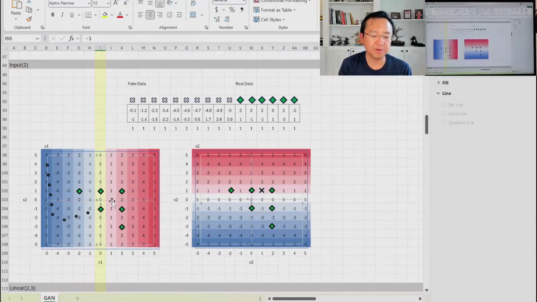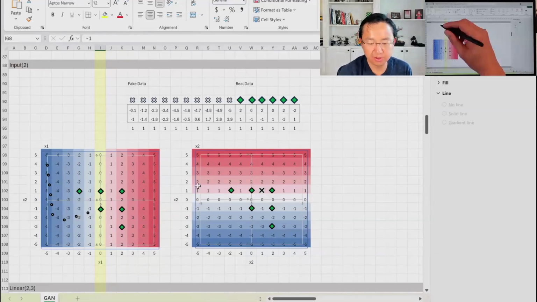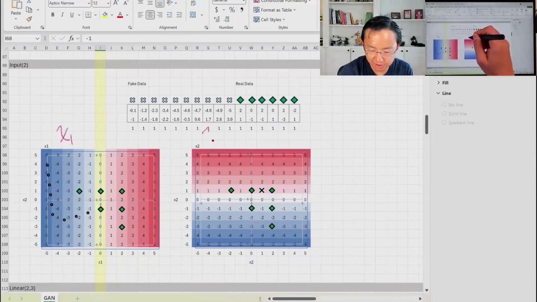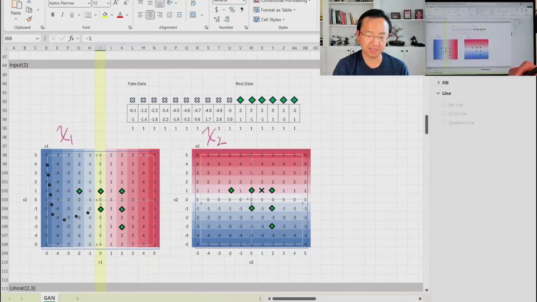But what's being moved around is every time you update the generator, the things generated by the generator can move around. And all right, so this is a visualization of X1, and this is a visualization of X2. We look at this visualization a couple times up to all those points.